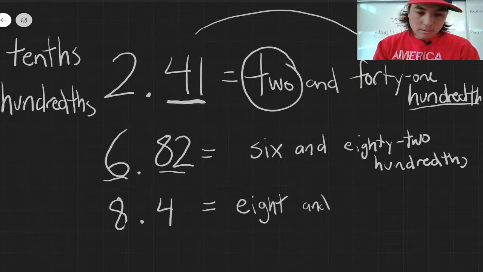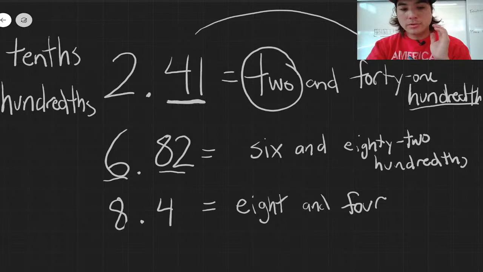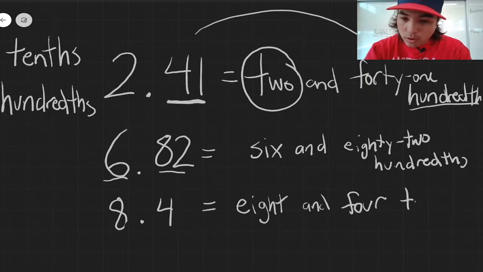And what's our number to the right of the decimal point? 4. Now, with this one, do we have a hundredths place? No, we don't. We've just got the one number to the right, and our place directly to the right of our decimal point is the tenths place. So we would say 8 and 4 tenths.